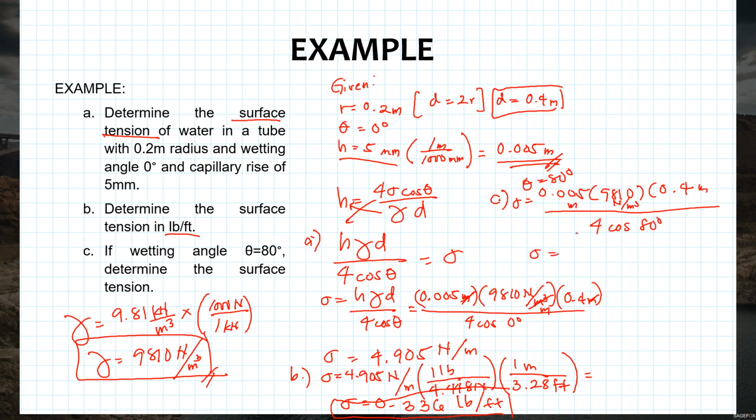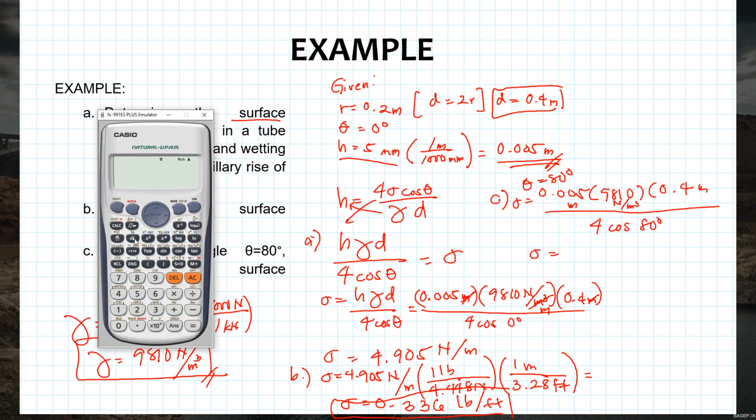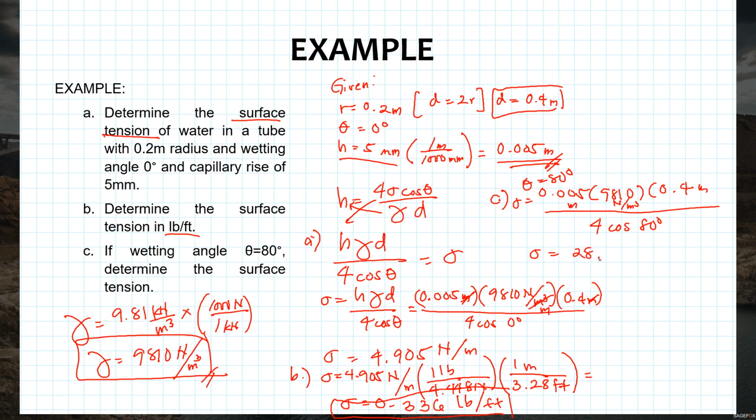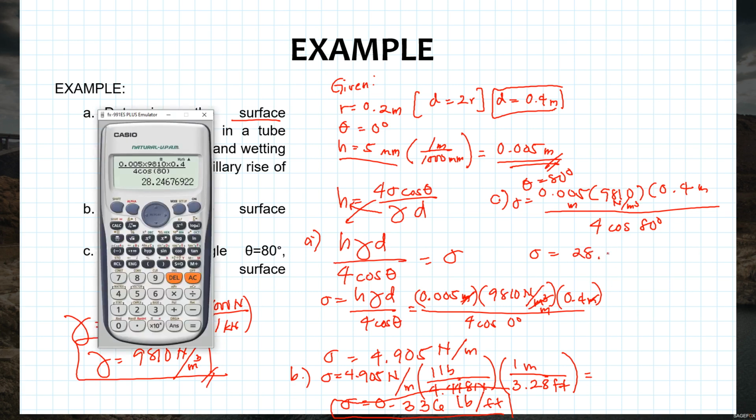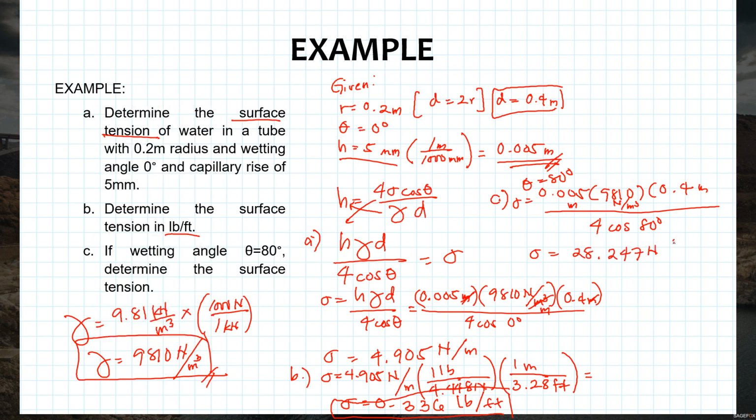I will just use the previous solution and replace the theta by 80. So the sigma is 28.247 Newton per meter. This meter will be cancelled out. Newton per meter, that's your surface tension. So that's the end of this lecture.